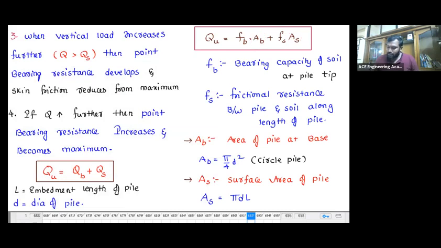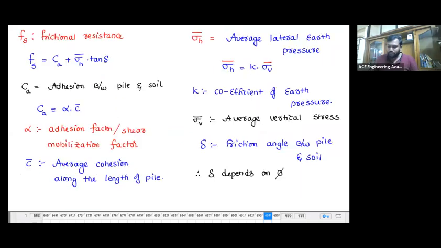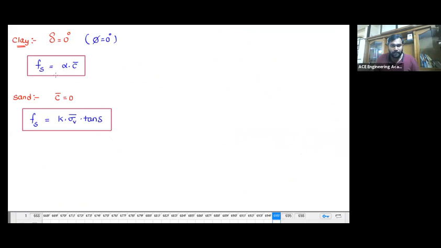For FB, I took Terzaghi and modified it: for clays, it is C NC; for sands, sigma V dash into NQ. For frictional resistance, for clays it is alpha into C bar, and for sands it is K into sigma V bar into tan delta.